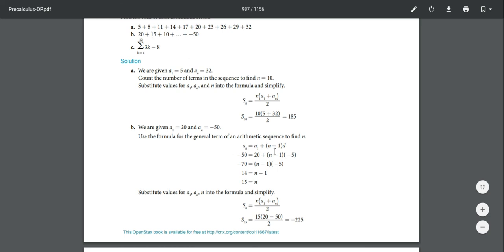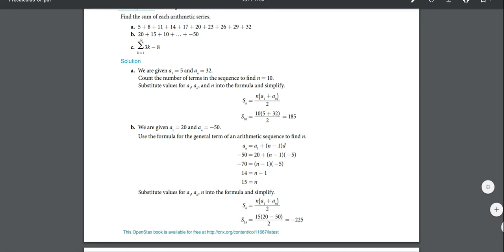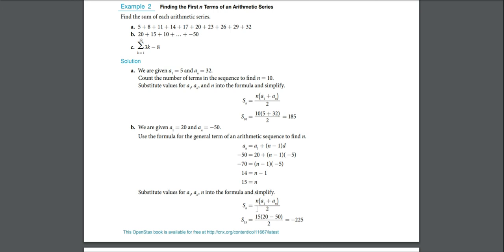So I know that d is negative 5, so I plug in negative 50 as my last term, 20 is my first term, negative 5 is my common difference, and then I can just solve that. So subtract 20 from both sides, divide both sides by negative 5, add 1, and I get that n is 15. So I have my number. I already had my first and last term, so I can just plug those into my summation formula and get negative 225.